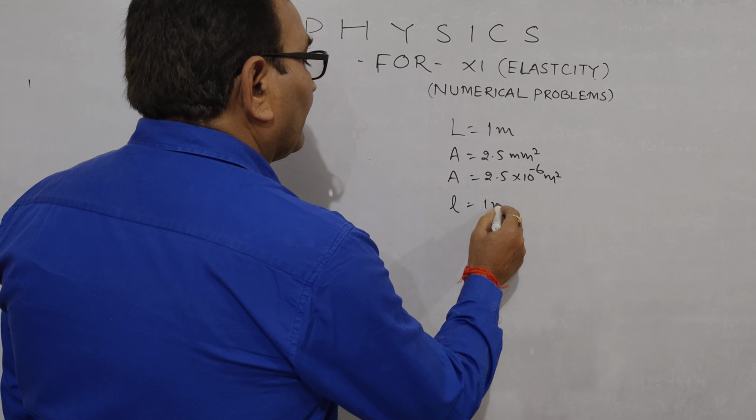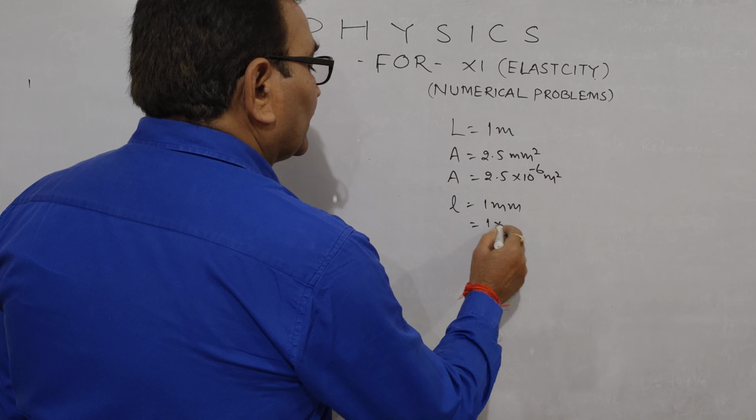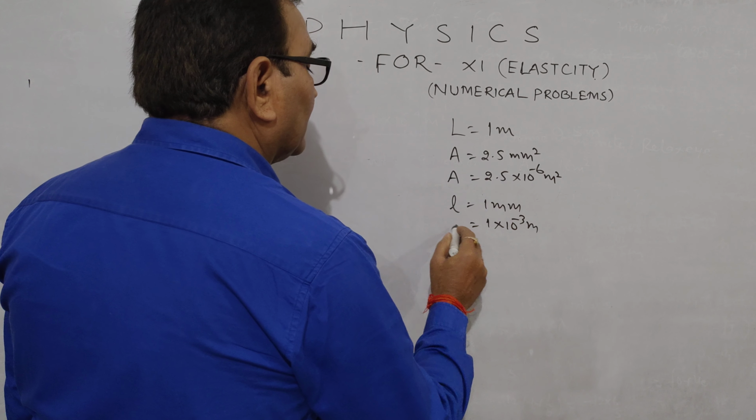And it is stressed. In the previous question the wire was compressed; now I am stretching. It is stressed by 1 mm, that means 1 into 10 to the power minus 3 meter. This is the increment.